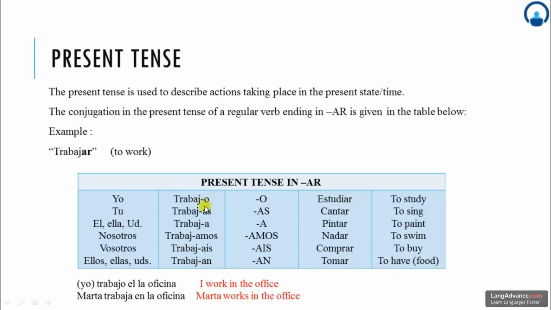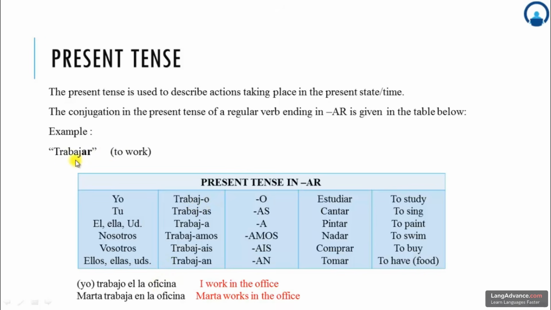So I have removed the AR from the word and just replaced it with one of these as per the conjugation, as per the subject pronoun. So while writing a sentence, I have to write trabajo and not trabajar.